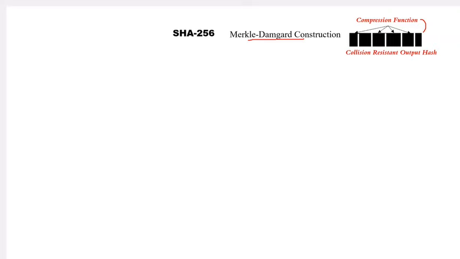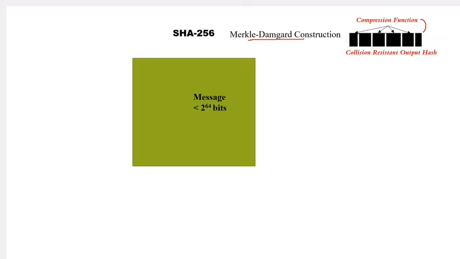In the SHA256 algorithm, a user message of less than 2 to the power 64 bits is used, and that is broken down into blocks of length 512 bits, where each word length is 32 bits. SHA256 gives you an output of length 256 bits.